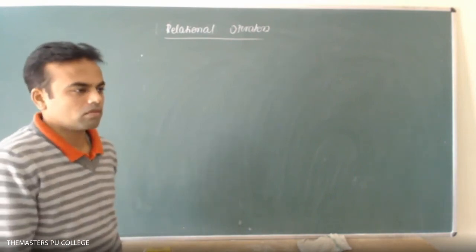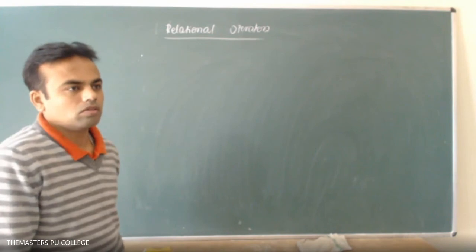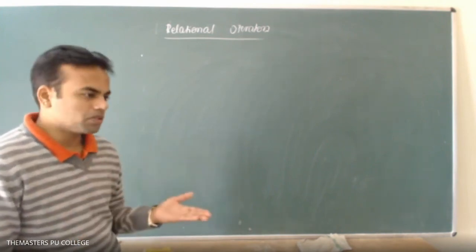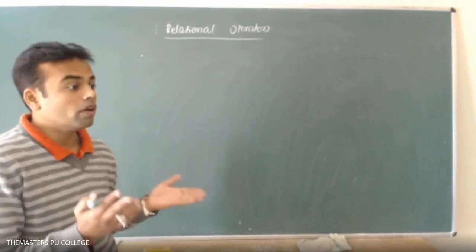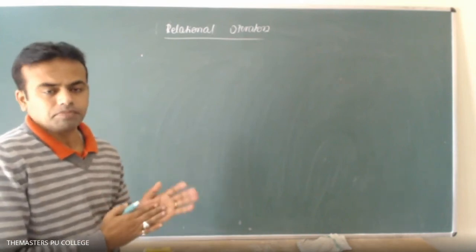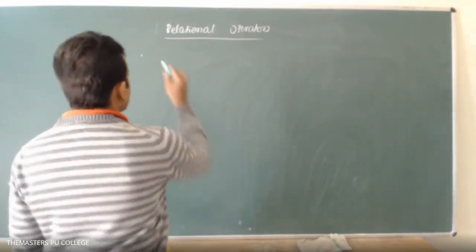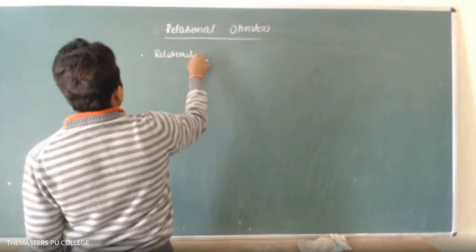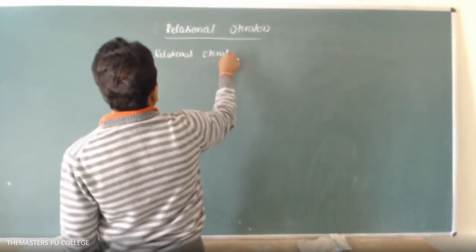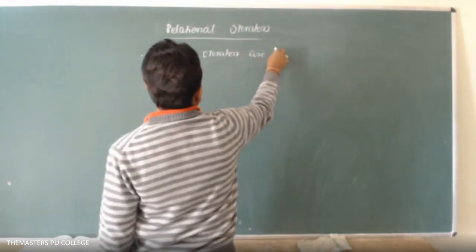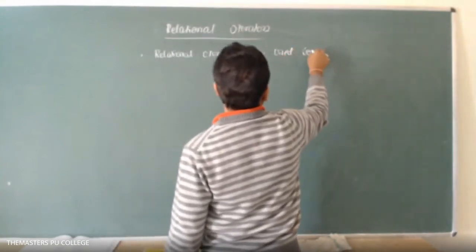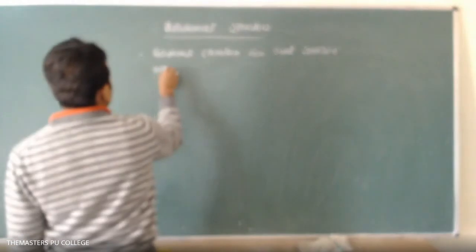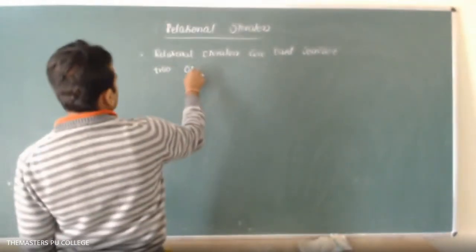To compare. So here it's an operand. Okay, so we can compare any two expressions, operands, variables. Yes, sir. Relational operators are used to compare, and minimum we require two operands.